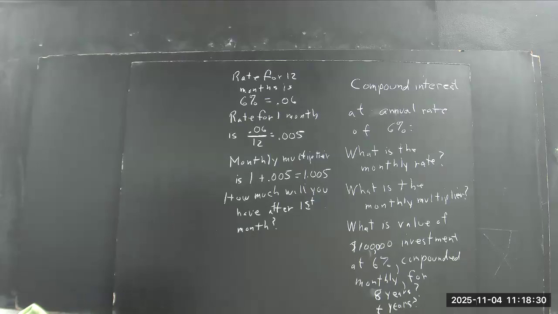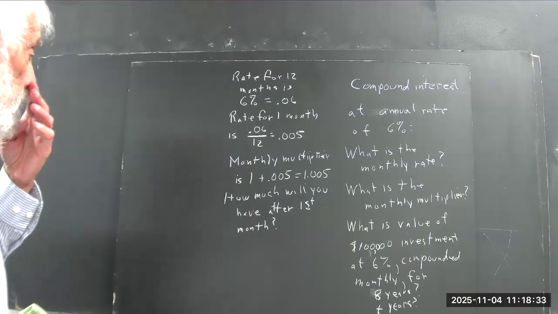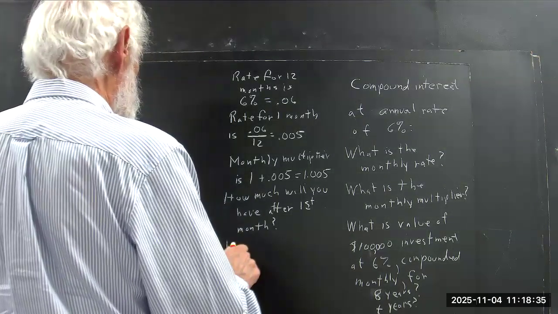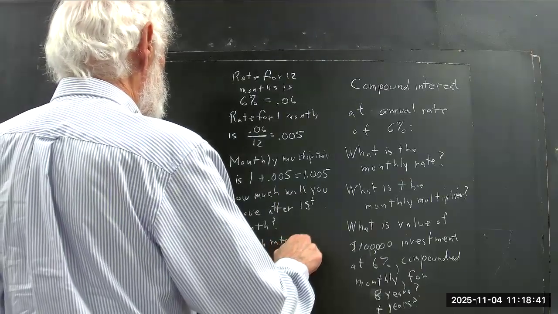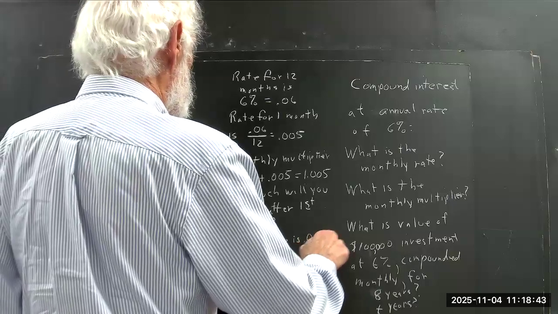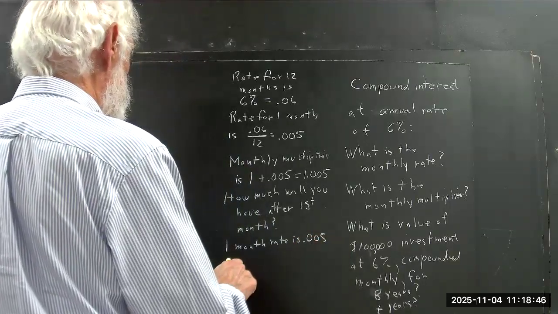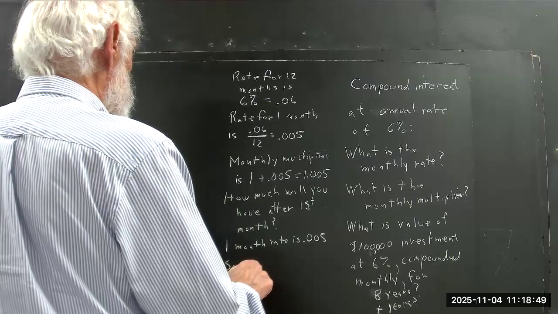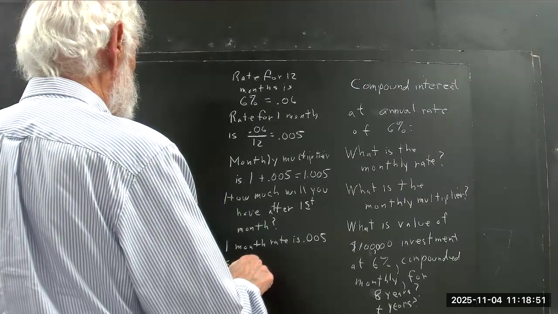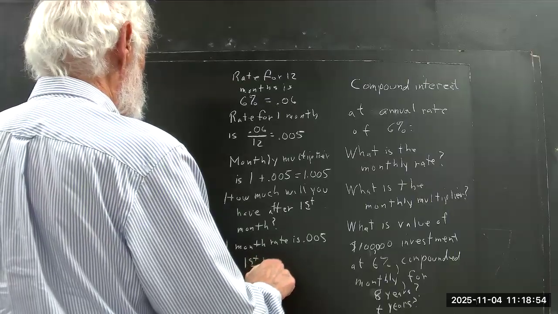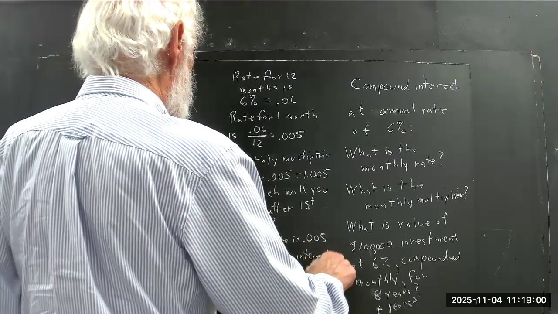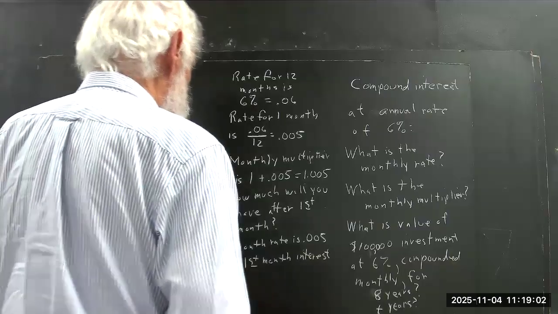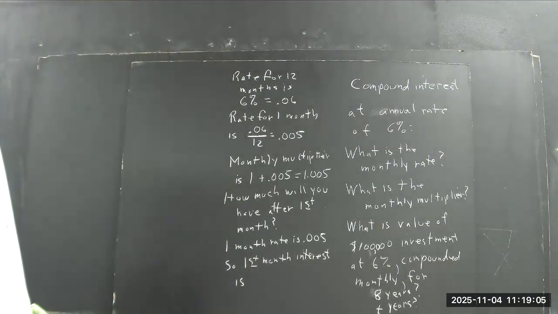Well, there are two ways to calculate this. The 1 month rate is 0.005. So what's the first month interest? I want everybody to answer that question for me.